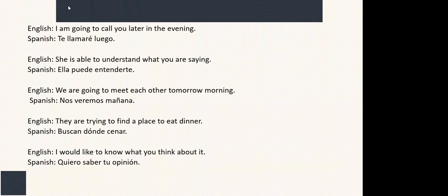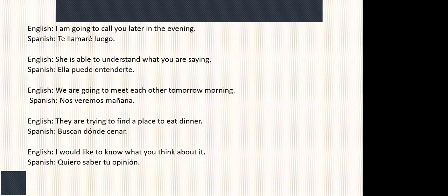It depends. I believe that it depends on the content of the conversation, because the first is a conversation between a family or maybe friends.